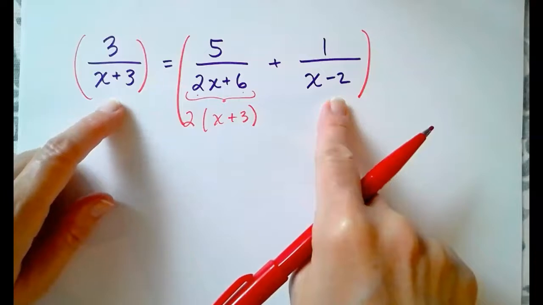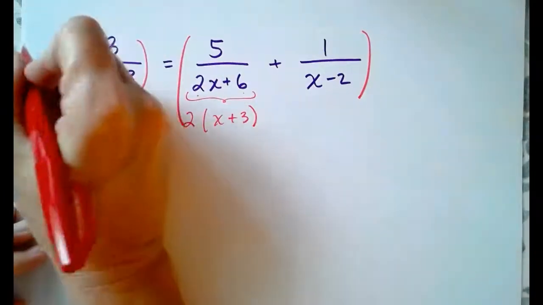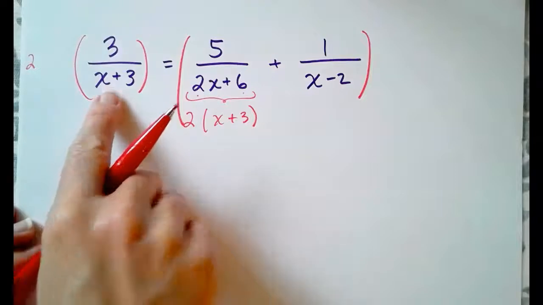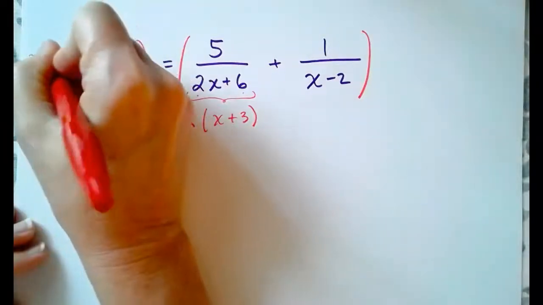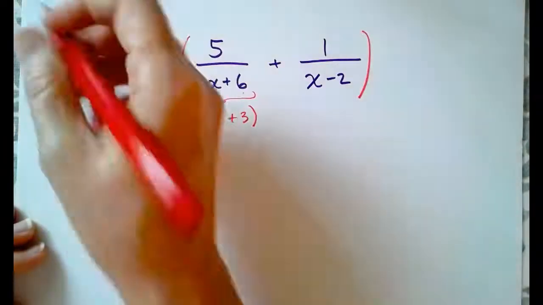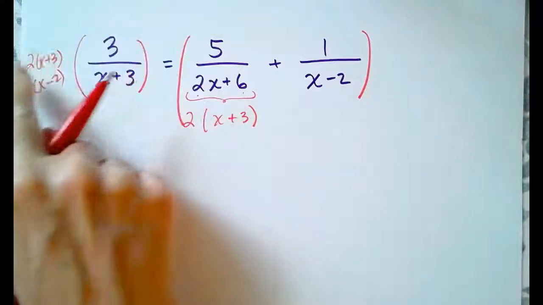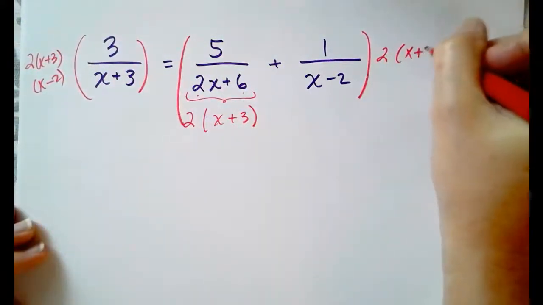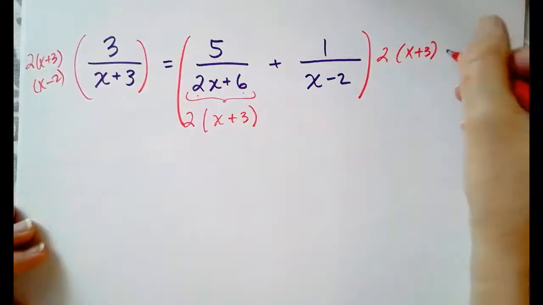So our common denominator is going to be 2, because we have a factor of 2. It's going to be x plus 3, and it's going to be x minus 2. All three of these factors become part of the least common denominator.